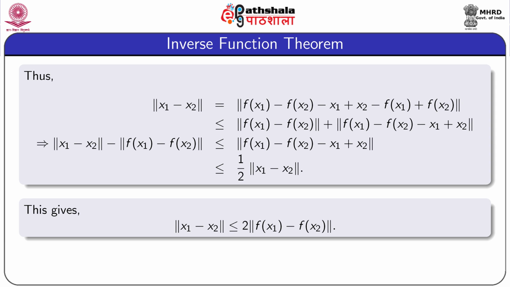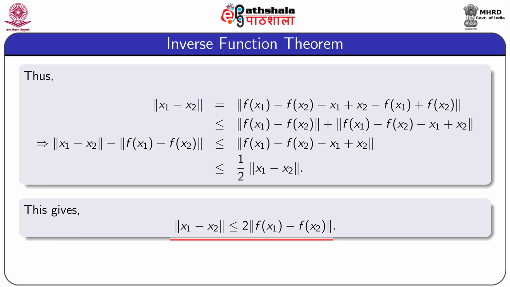Thus, the norm of x1 minus x2 equals the norm of (f(x1) minus f(x2)) minus ((f(x1) minus f(x2)) minus (x1 minus x2)). Applying the triangle inequality, this is less than or equal to the norm of f(x1) minus f(x2) plus the norm of f(x1) minus f(x2) minus (x1 minus x2). This implies the norm of x1 minus x2 minus the norm of f(x1) minus f(x2) is less than or equal to the norm of f(x1) minus f(x2) minus (x1 minus x2), and this is less than or equal to half the norm of x1 minus x2.